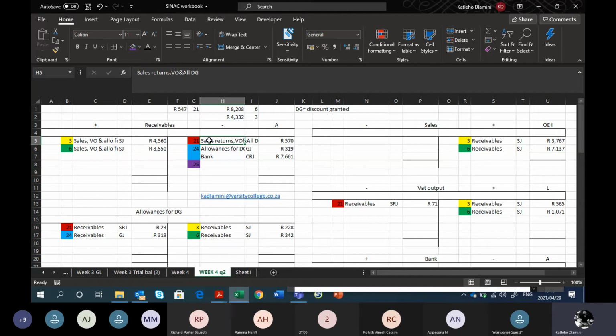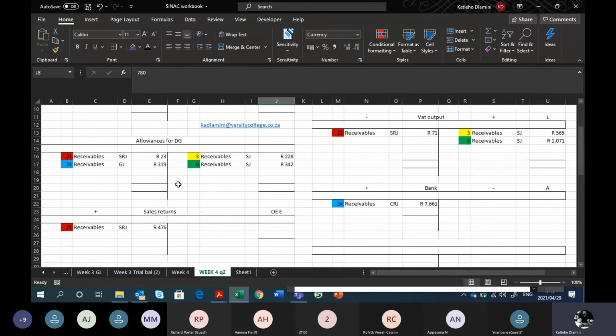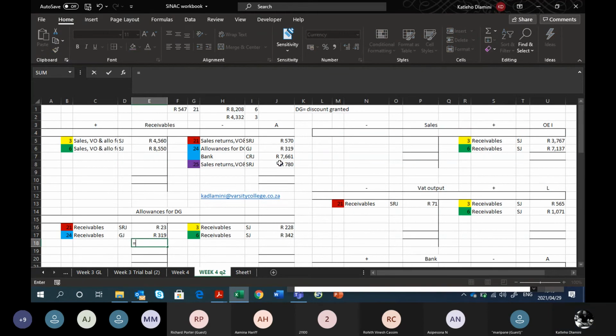So I have the same thing I had here. I'm going to paste it there. I did not write that this is SRJ, and I'll write it here, SRJ. We overcharged this person by 780, so now obviously I must remove the discounts and all that stuff. First things first, this amount.